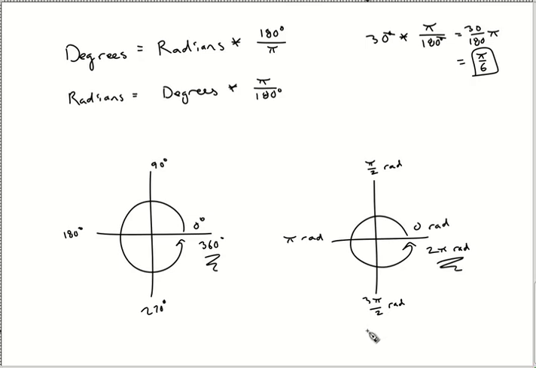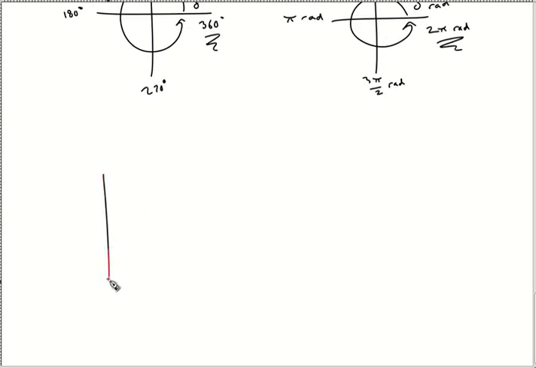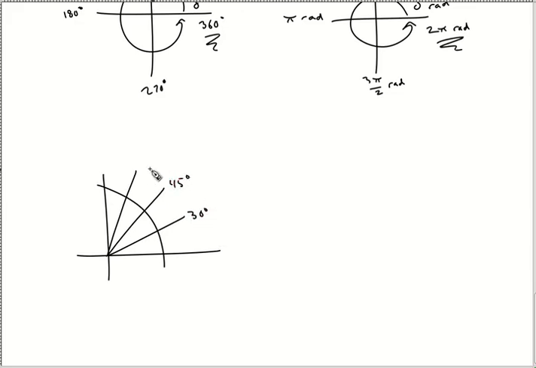Anyways, what we're really wanting to do in this section is convert back and forth, but I want to show you a couple more things before we're done. So this is quadrant 1, and in particular, I'm going to use these special angles. I have 30 degrees, 45 degrees, and 60 degrees.